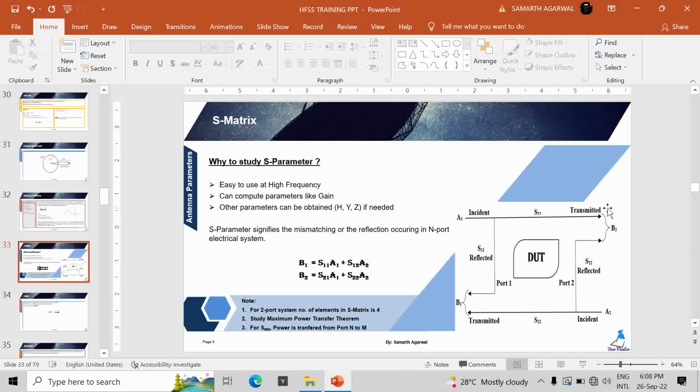This is the transmission coefficient, S12 and S21, and whatever the reflection is, that is from port 2 to port 1. These kinds of figures you have to understand. Similarly in this case as well, whatever the energy we are transmitting, port 1 to 2, 2 to 1, that's why this arrow direction is this side.